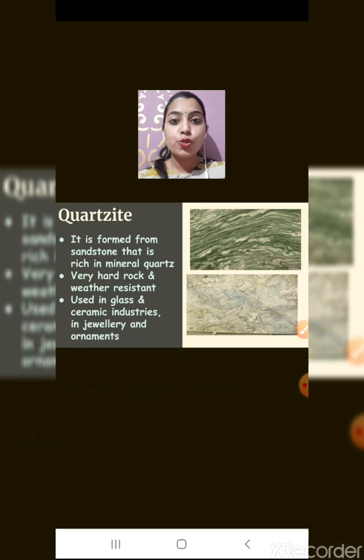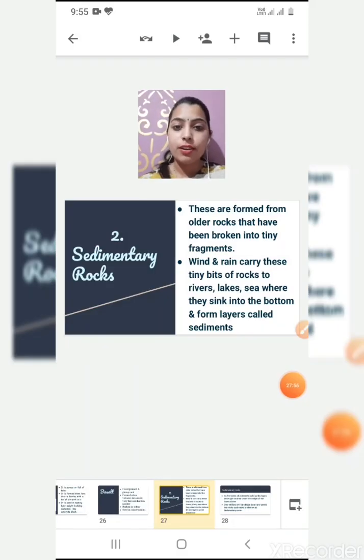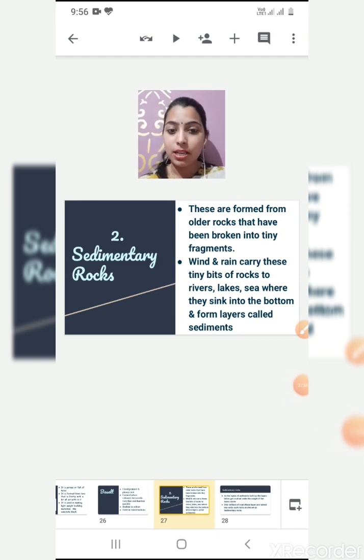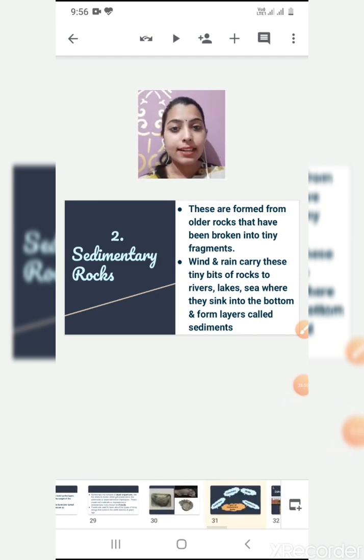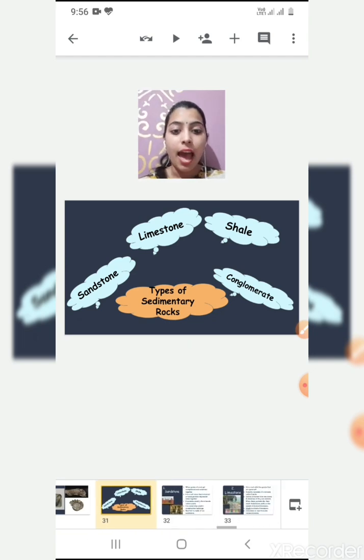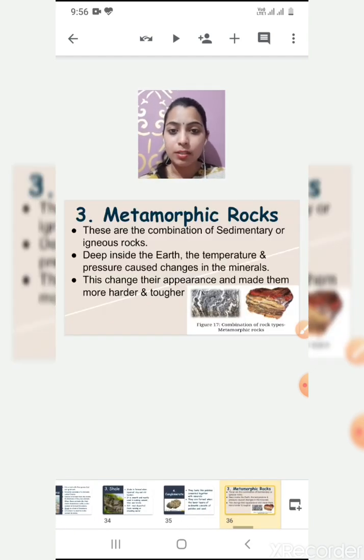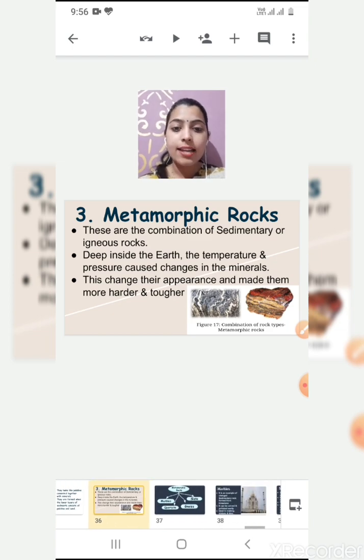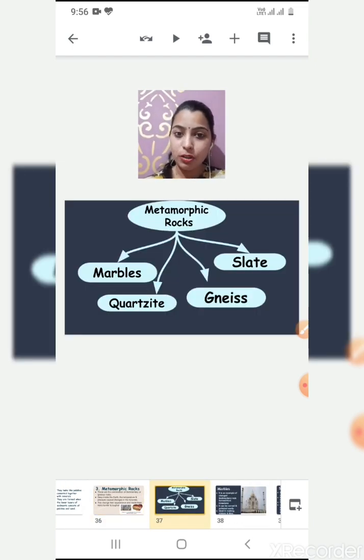So children, today we have studied sedimentary rock and its types, and we also studied the metamorphic rock and the types of metamorphic rocks. I hope that all the three rocks you have understood very well, and the homework given to you is also done.